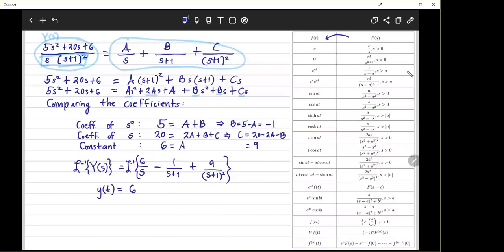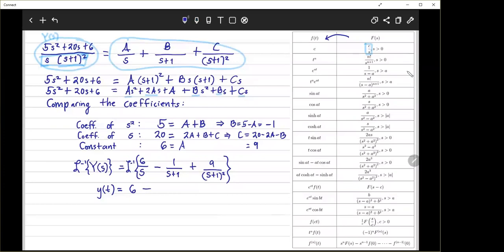And ang papasok na entry is ito. Laplace of c over s is c. Okay. So therefore, Laplace of 1 over s is just 1. Or equivalently, inverse Laplace of 1 over s is 1. Or equivalently, the inverse Laplace of 6 over s is 6. So okay na siya. So 6. 6 lang yan. Minus inverse Laplace of 1 over s plus 1.